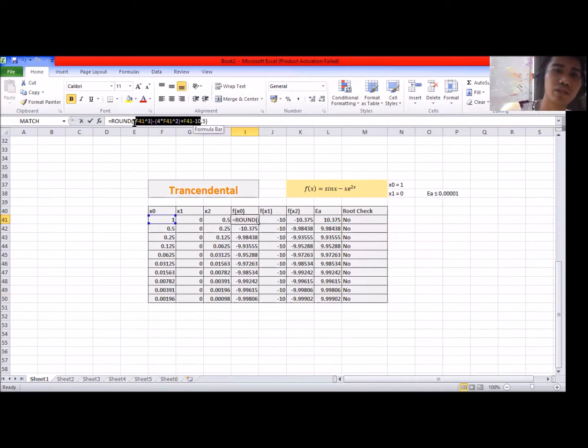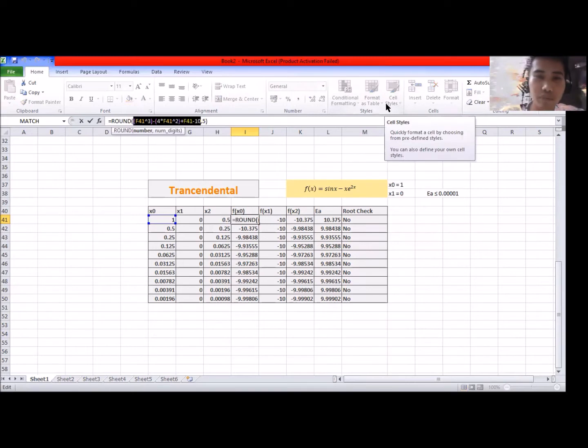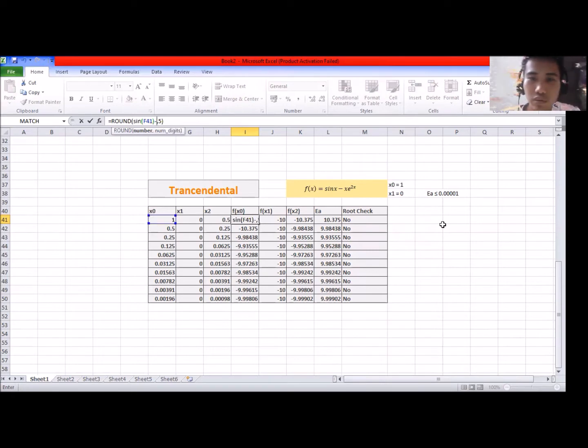So let's again write the formula: sine x or mean x of 0, minus a to x, and multiply it by exponential.